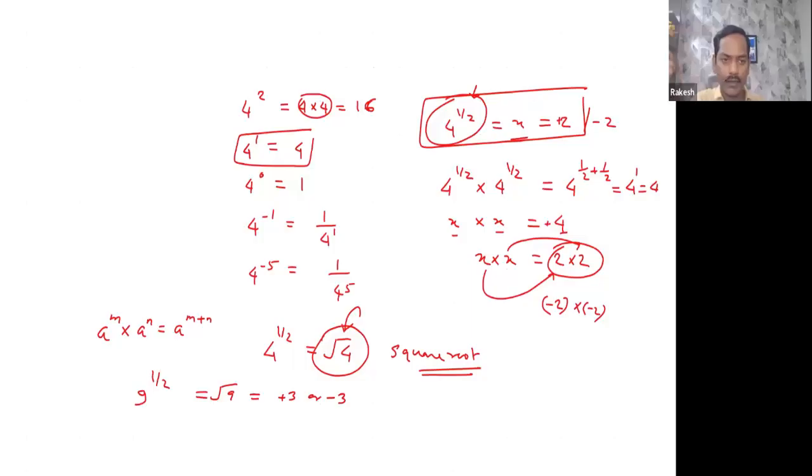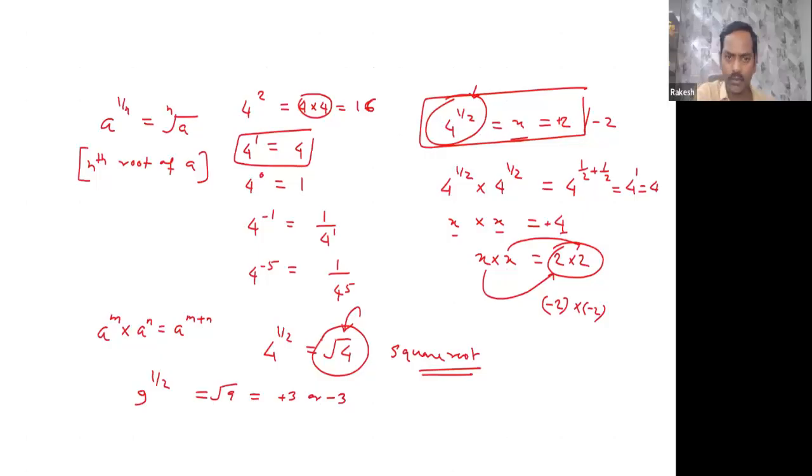So in general, if I have a number a whose power is 1 by n, this is written this way. We call this the nth root of a. So this phrase is very important. Whenever I say the root of a, it actually means square root of a, because usually the 2 is silent.